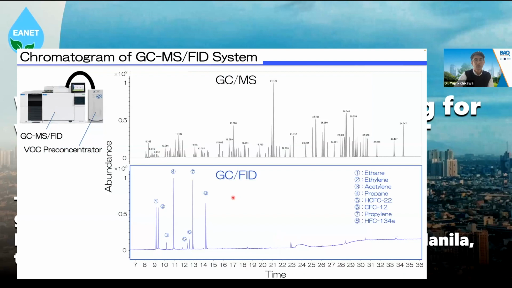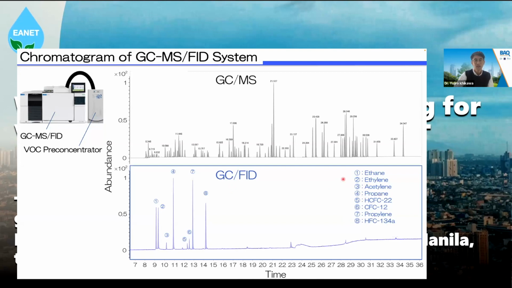This is a chromatogram chart of the GC-MS FID system. VOC components of 2 or 3 carbons, which have low boiling points, are analyzed by GC-FID. For instance, ethane, ethylene, acetylene, and propane, and so on.